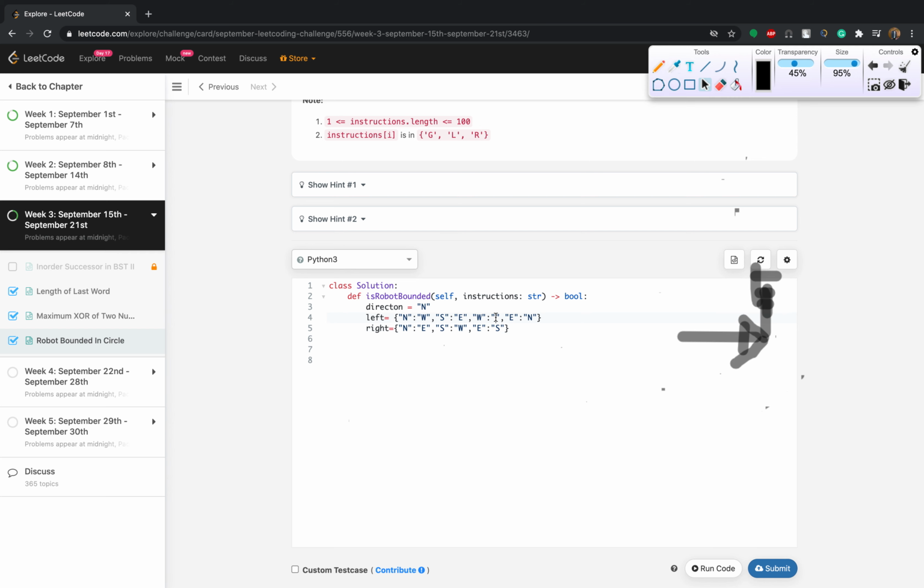Similarly, from west your left would be south, and right would be north. So these are the main things we should know for this problem.